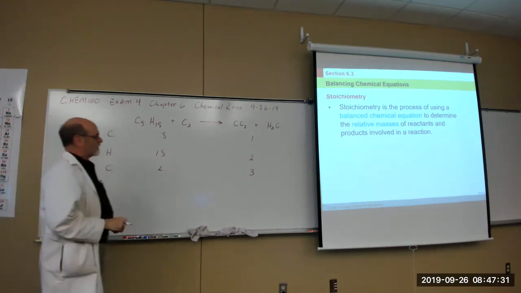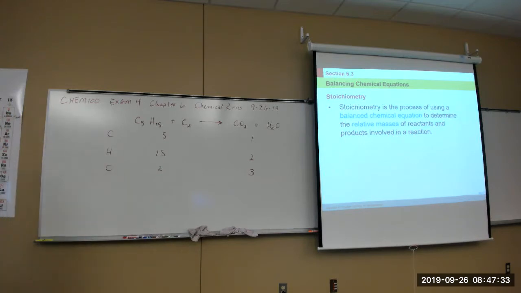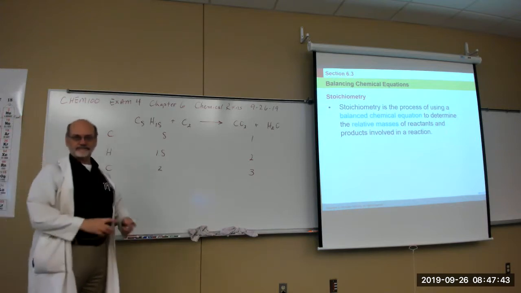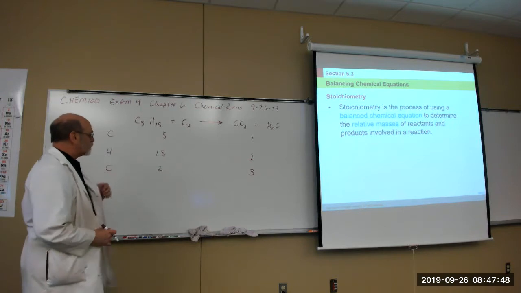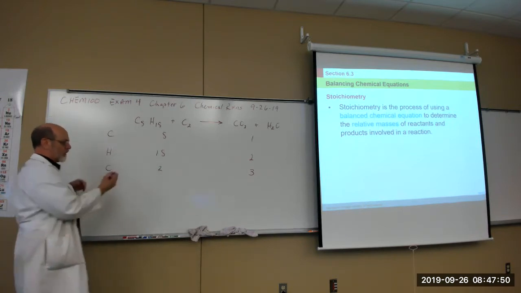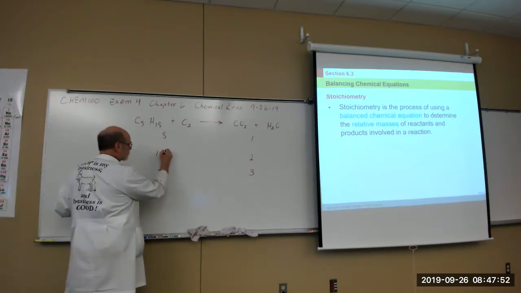So, do we have any single elements isolated on either side? Yes, you have oxygen as a reactant. So we're going to save that one for last. If you do enough of these, you get a feel for where you should start first.